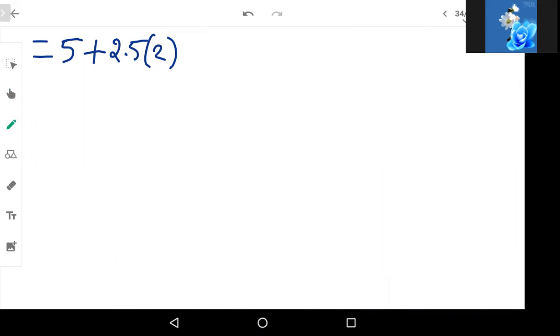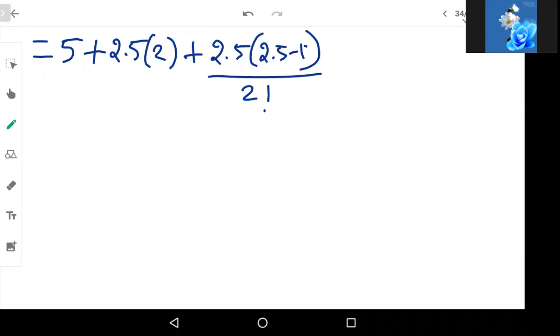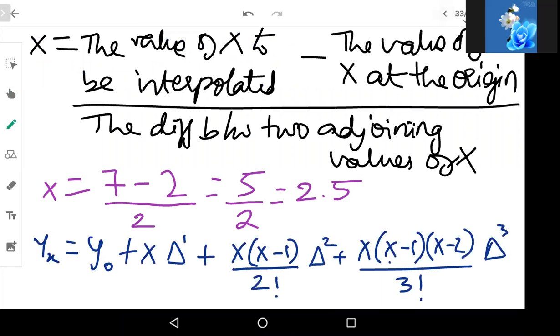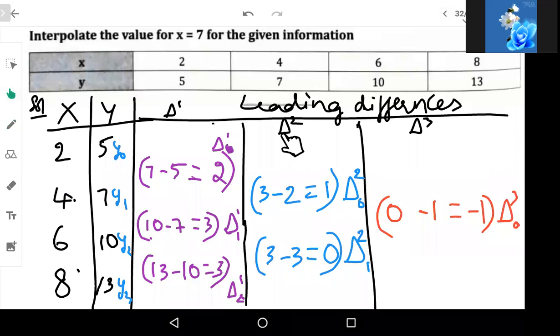Then after this plus, it says x into x minus 1. So 2.5 into 2.5 minus 1 divided by 2 factorial into second leading difference. The second leading difference is this column. In this column consider the first value, which is 1.